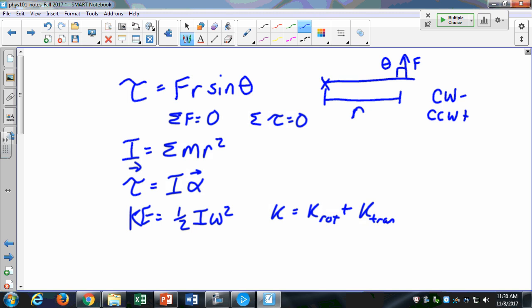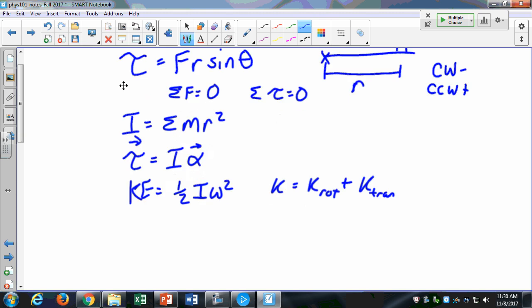There's a problem in the workbook where you have to calculate the total energy, adding up the translational and the rotational kinetic energy. And then finally, our momentum, L is equal to I times omega, and this is conserved. Li is equal to Lf.